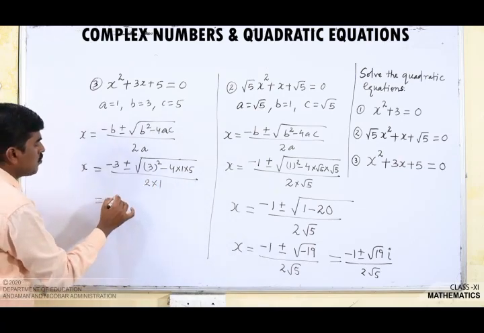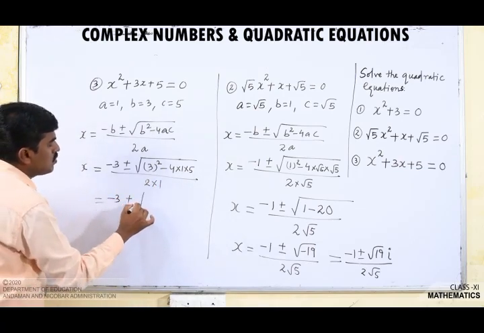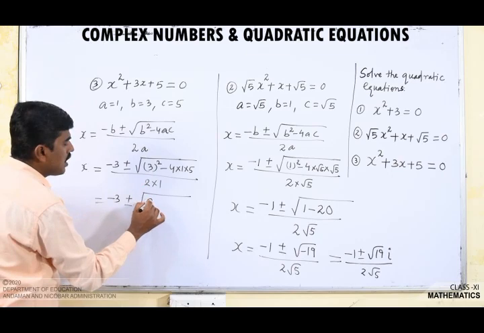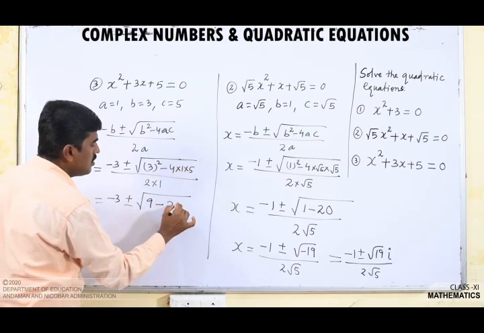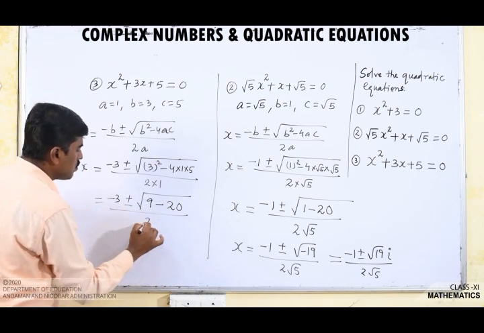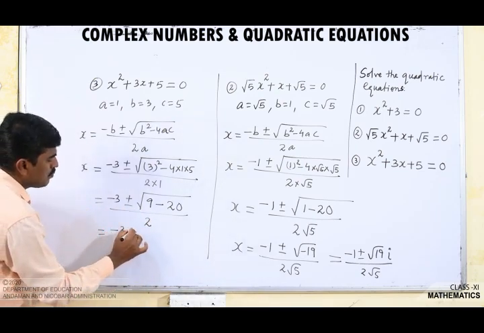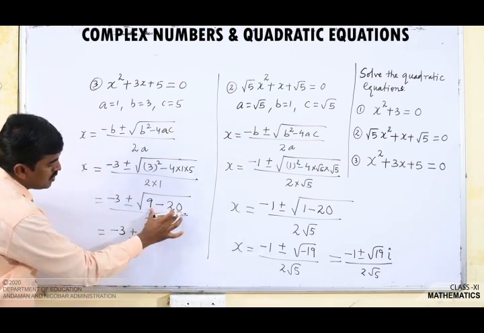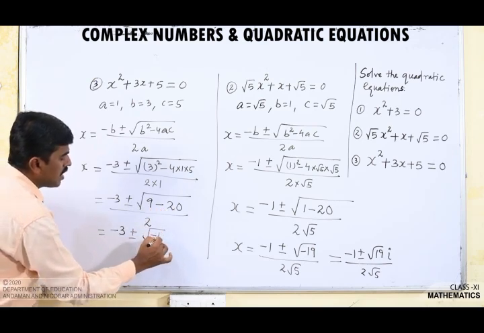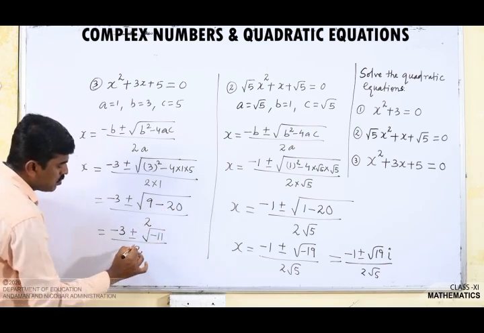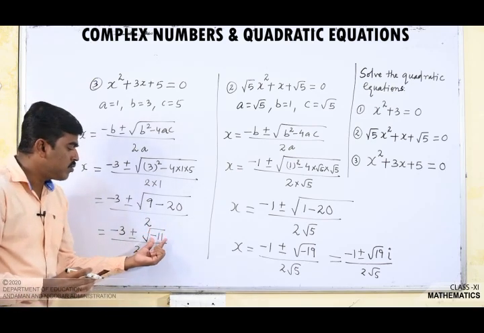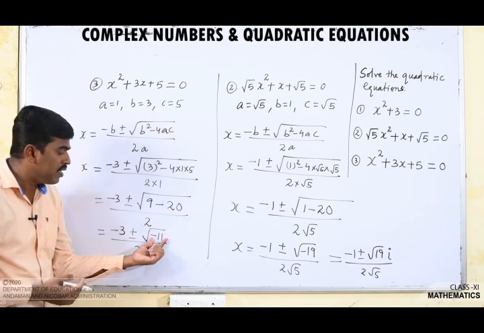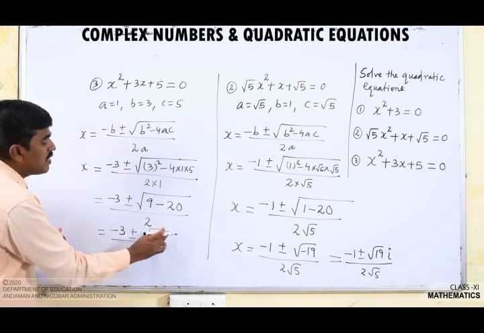Now it equals minus 3 plus or minus root over 9, since 3 square is 9, minus 4 fives are 20, divided by 2. So that equals minus 3 plus or minus root over 9 minus 20, so we will get root over minus 11 divided by 2. Again in the square root we got a negative number, so the discriminant is less than 0.